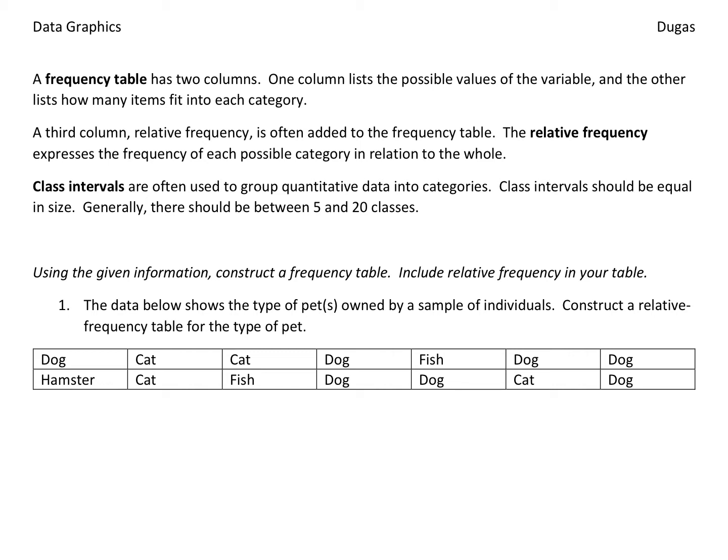A class interval is used when you're grouping quantitative data into categories. So sometimes you'll have a lot of different scores. Like let's say you want to get all the scores that the students registered for college algebra made on their common final exam. And let's say the college has 1,200 college algebra students.